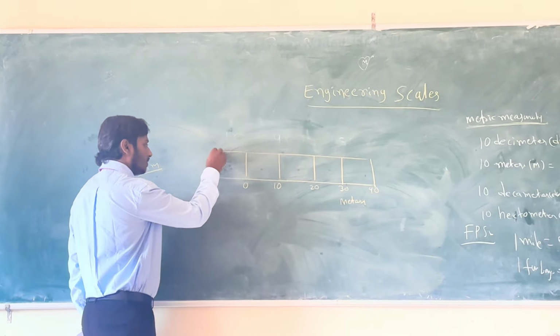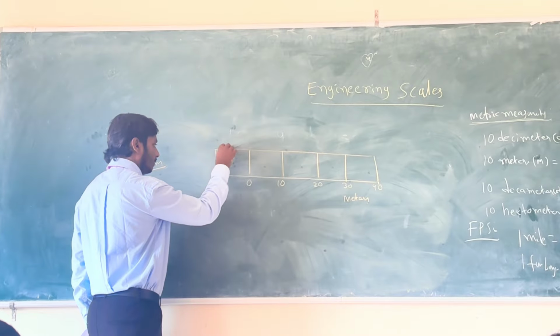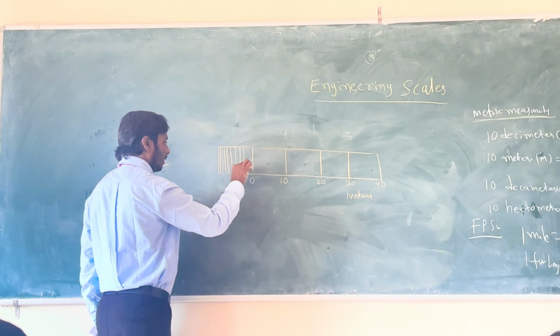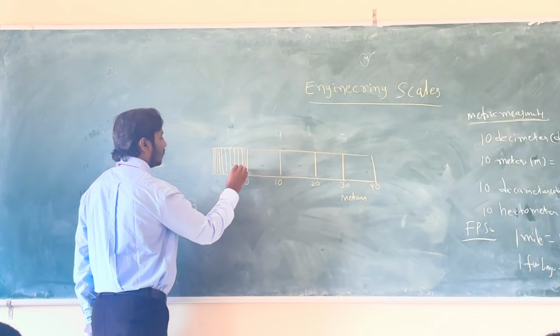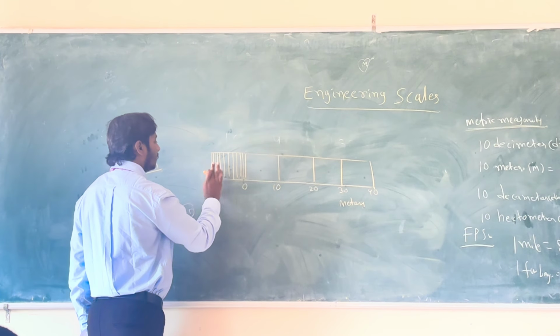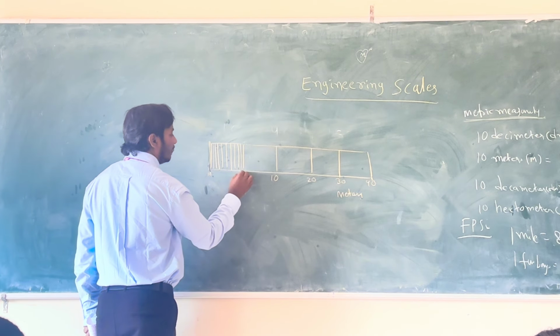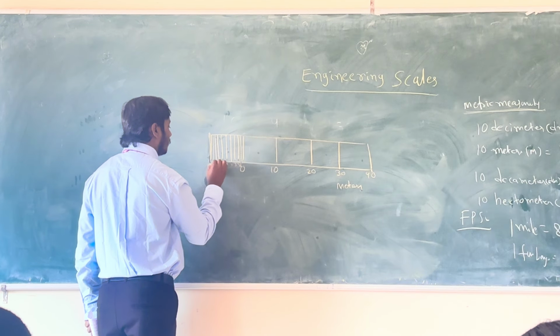Now divide this into 10 equal parts: 1, 2, 3, 4, 5, 6, 7, 8, 9, 10.